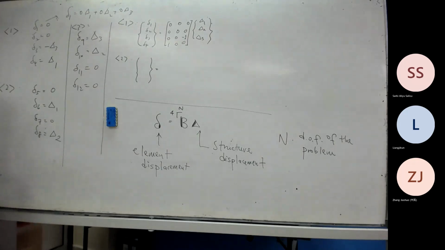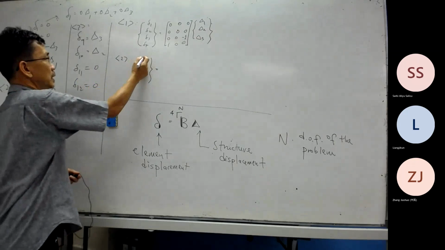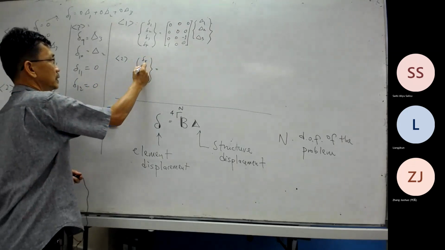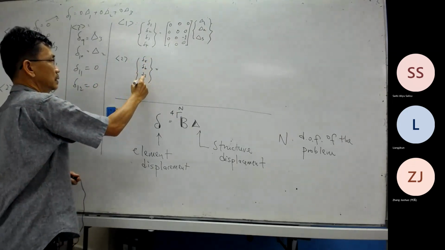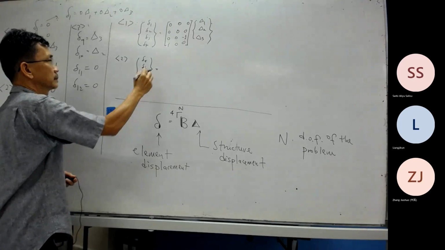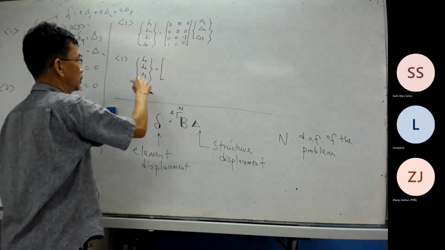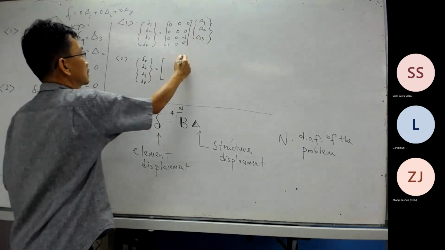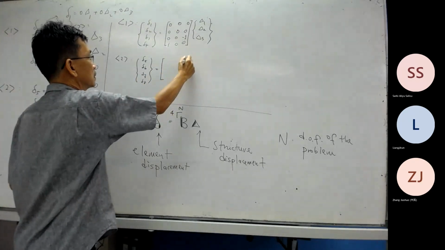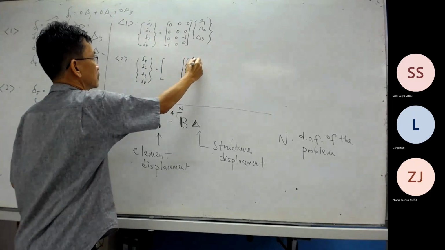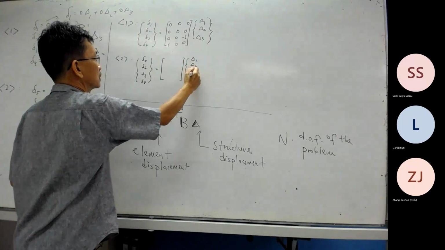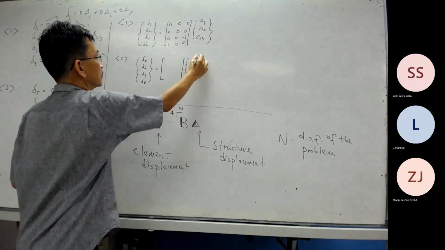The columns are 3 here because the degrees of freedom is 3. So for element 2, you start with delta 5, 6, 7, 8. The number of rows is always 4, 1, 2, 3, 4. The number of columns is 3 because you have delta 1, delta 2, delta 3.